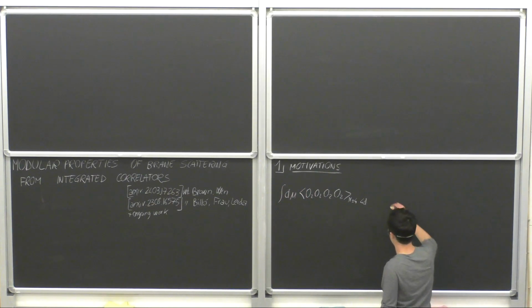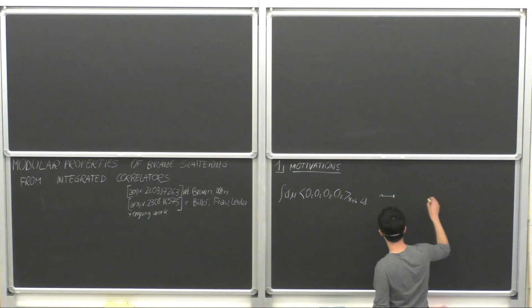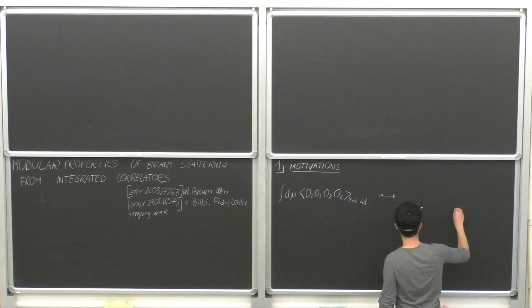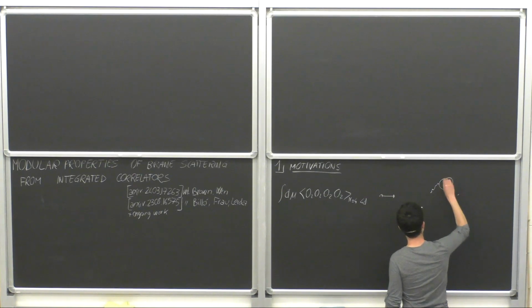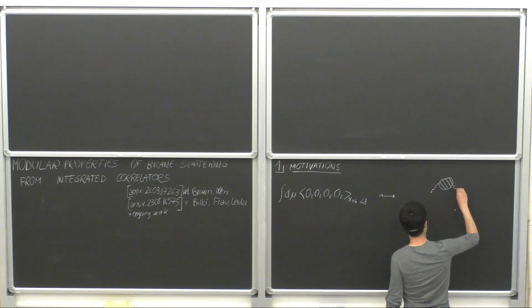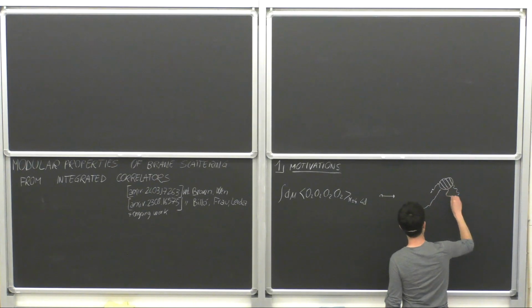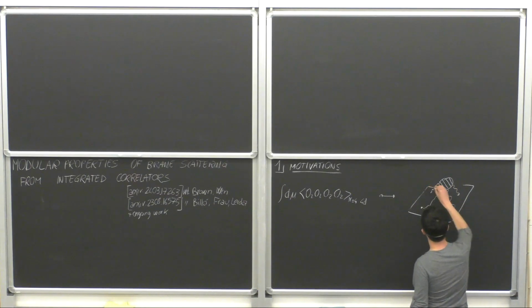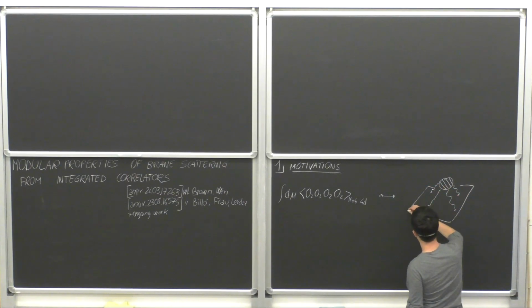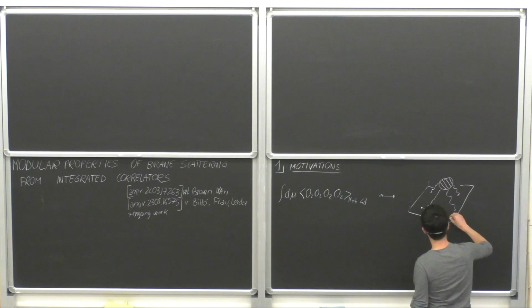And this in the dual picture corresponds to some 4-point scattering amplitudes, which somehow probe the AdS5 geometry.